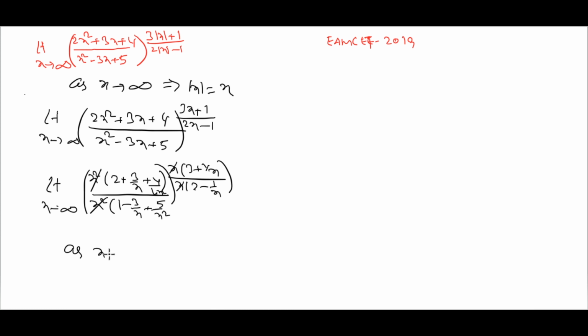As x tends to infinity, 1/x and 1/x² tend to 0.